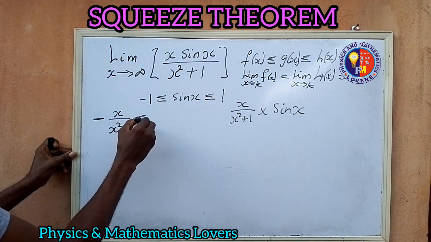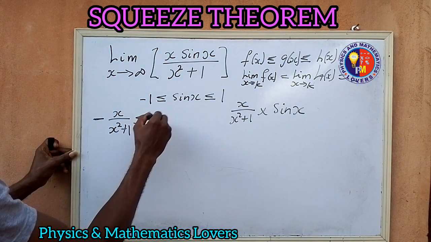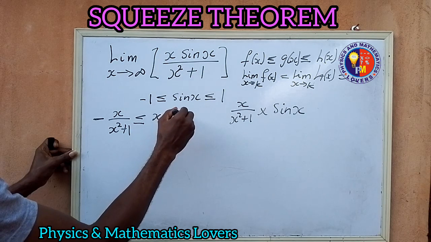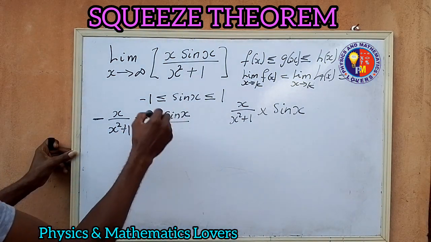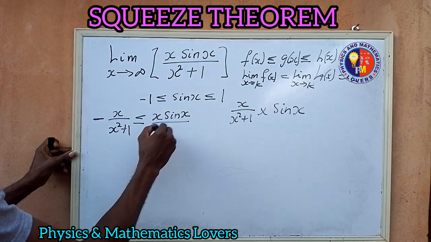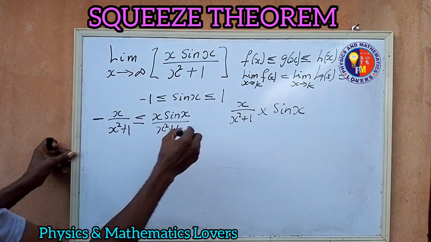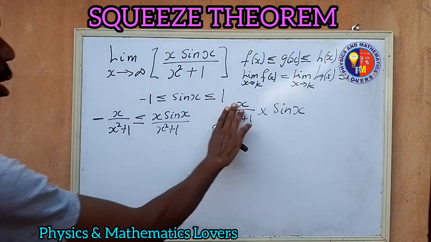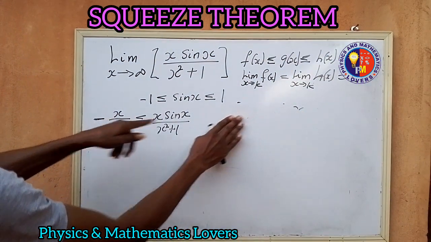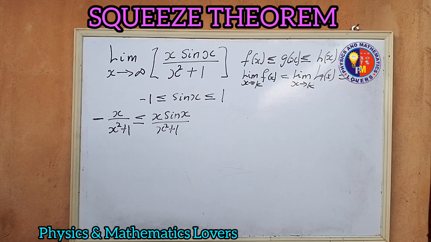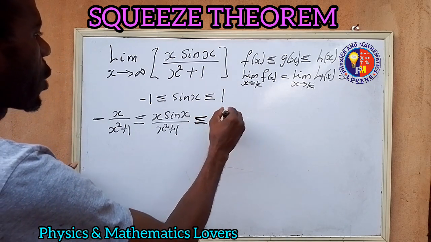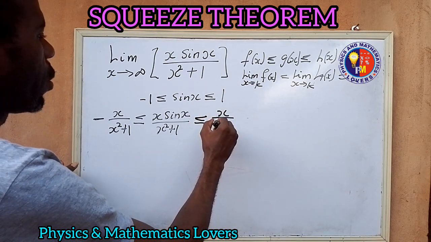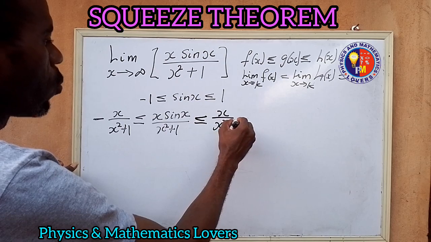We have minus x over x squared plus 1, less than or equal to x sine x all over x squared plus 1, which is less than or equal to x over x squared plus 1.